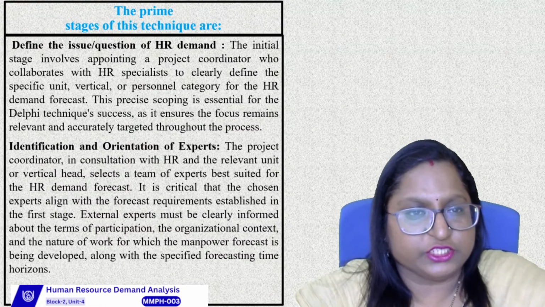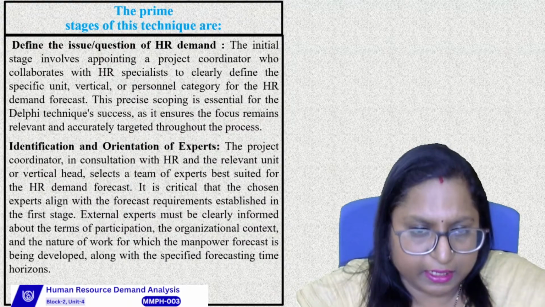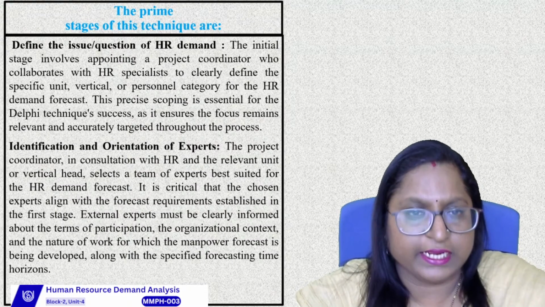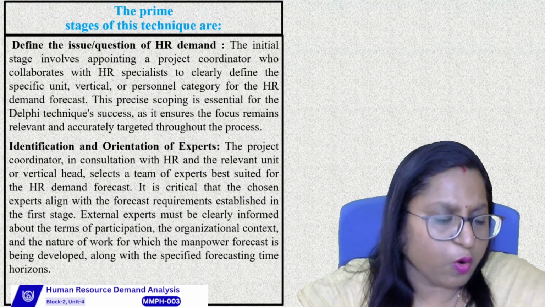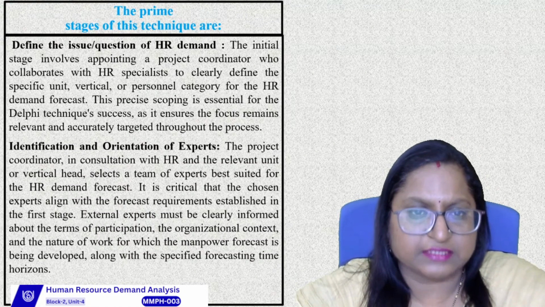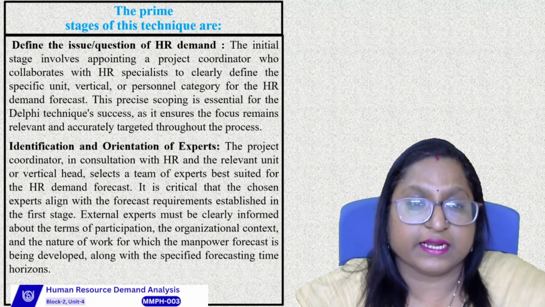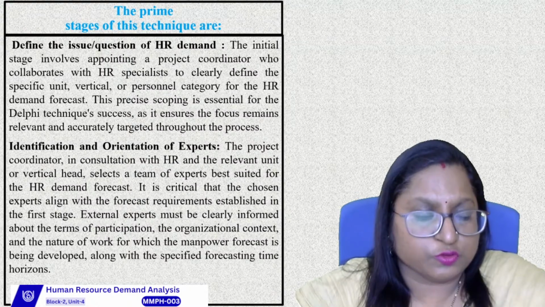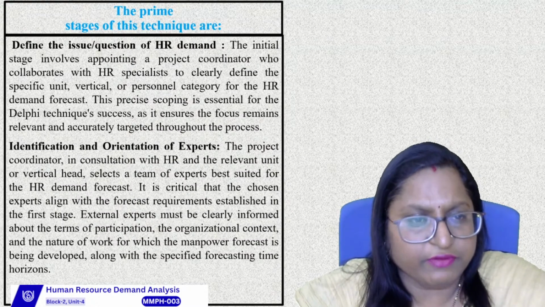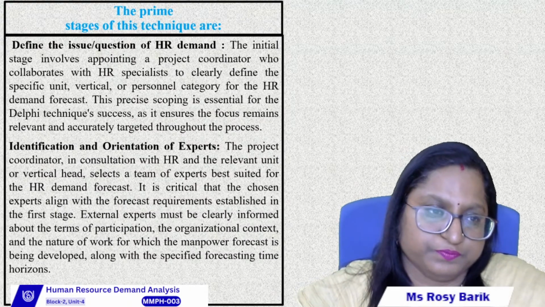Identification and orientation of experts. The project coordinator, in consultation with the HR and the relevant unit or vertical head, selects a team of experts best suited for the HR demand forecast. It is critical that the chosen experts align with the forecast requirements established in the first stage.